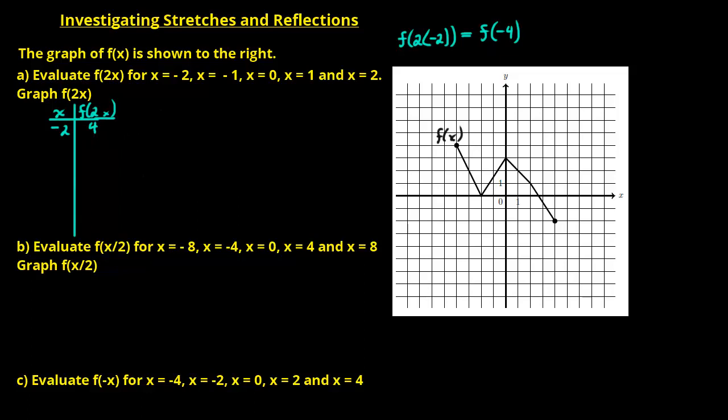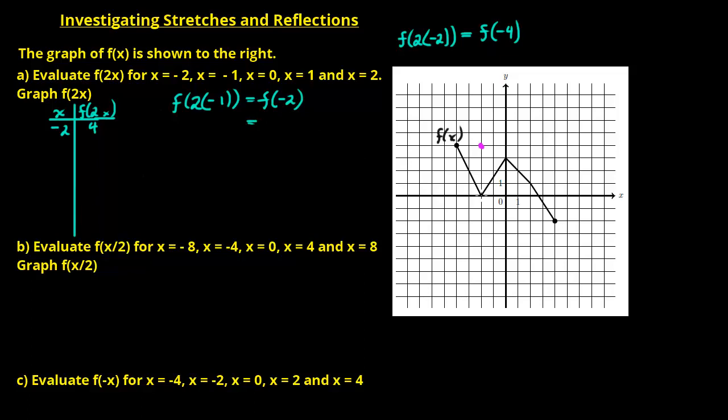That gives us a coordinate on the graph of f of 2x. So we can plot this point, negative 2 comma 4, which is this point right here. Next, we can evaluate f of 2x when x is negative 1 by doing f of 2 times negative 1. 2 times negative 1 is negative 2, so f of 2 times negative 1 is the same thing as f of negative 2.